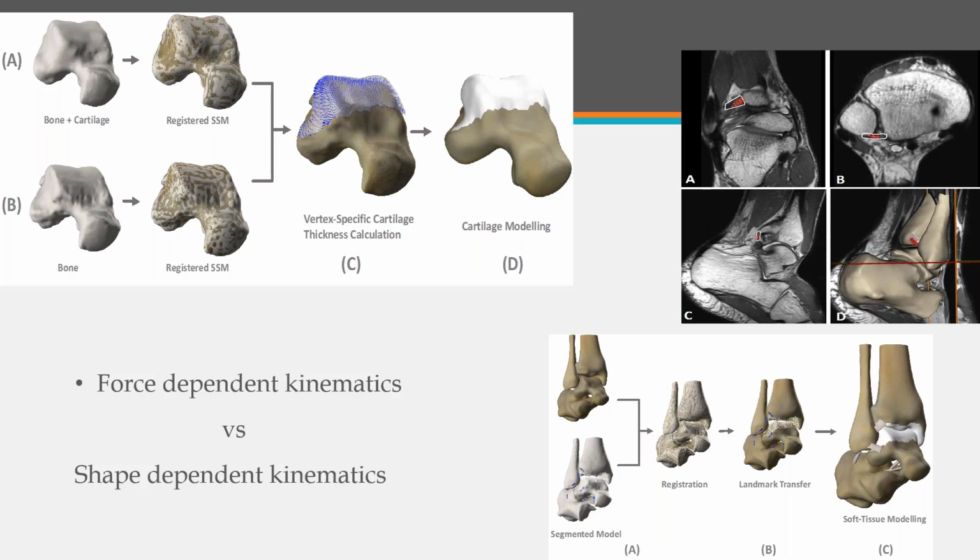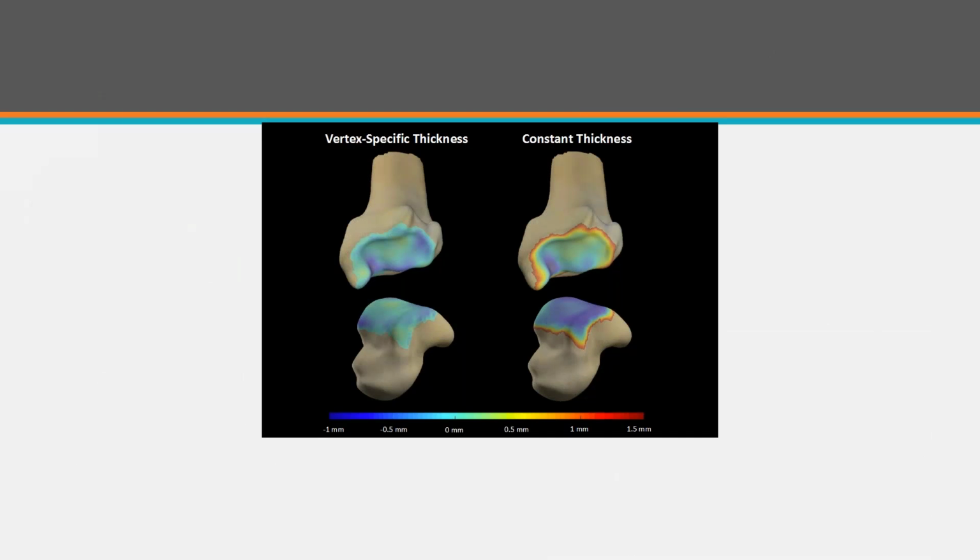Then the cartilage can be, I should say it, extrapolated. In that way, we're hoping and working towards the idea of going from force-dependent kinematics to some sort of shape-dependent kinematics, and actually trying to simplify the routine or the way to go from a certain anatomy all the way to certain joint stress pattern and loading.